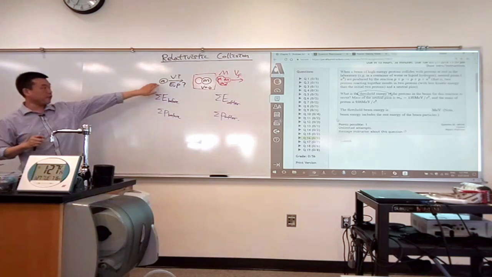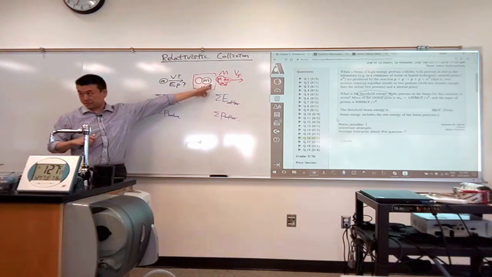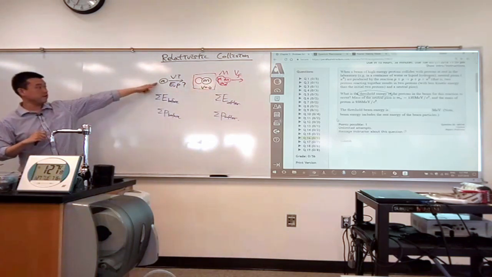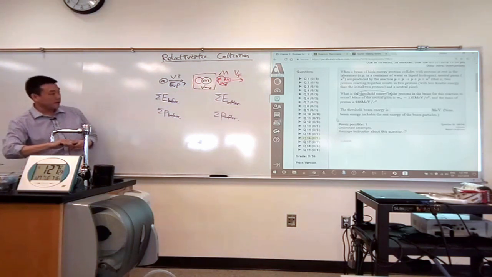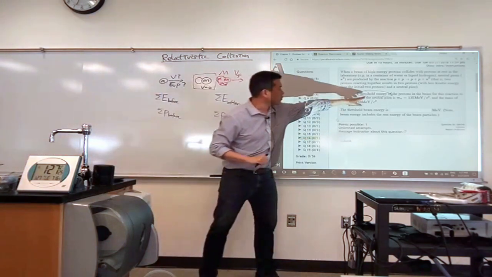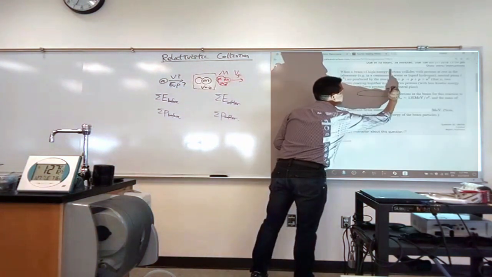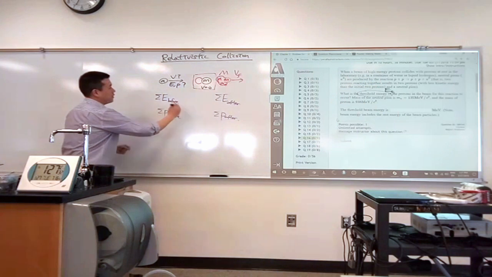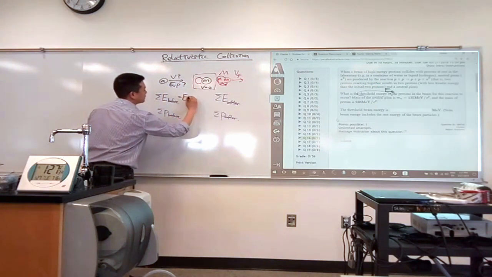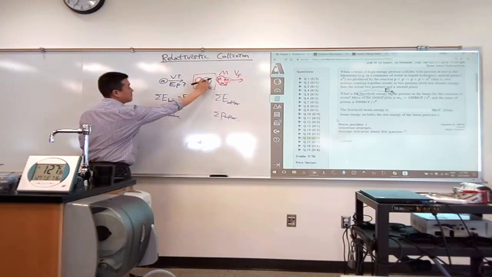The total energy before collision is the total energy of this particle, and the rest energy of this particle. So let me call it, I guess it's asking for the threshold energy, so let's give this a symbol, E sub t. So the total energy before would be E sub t plus mc squared.